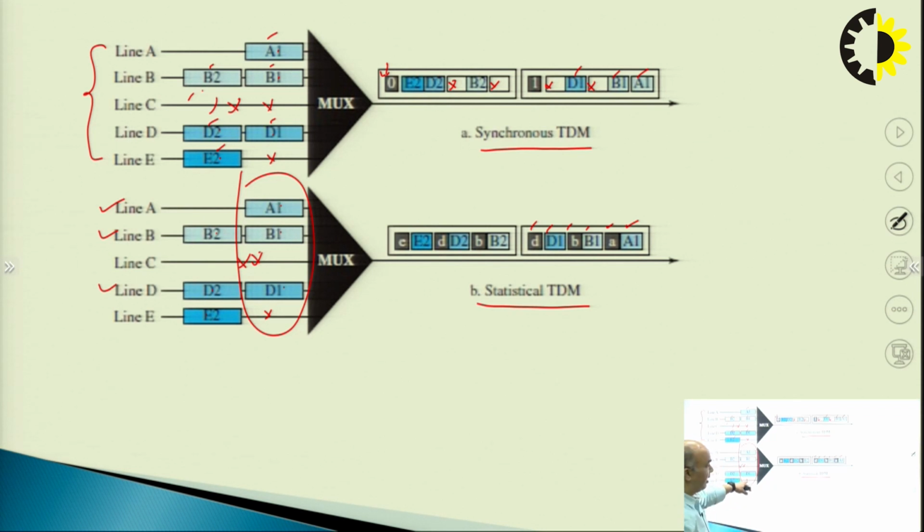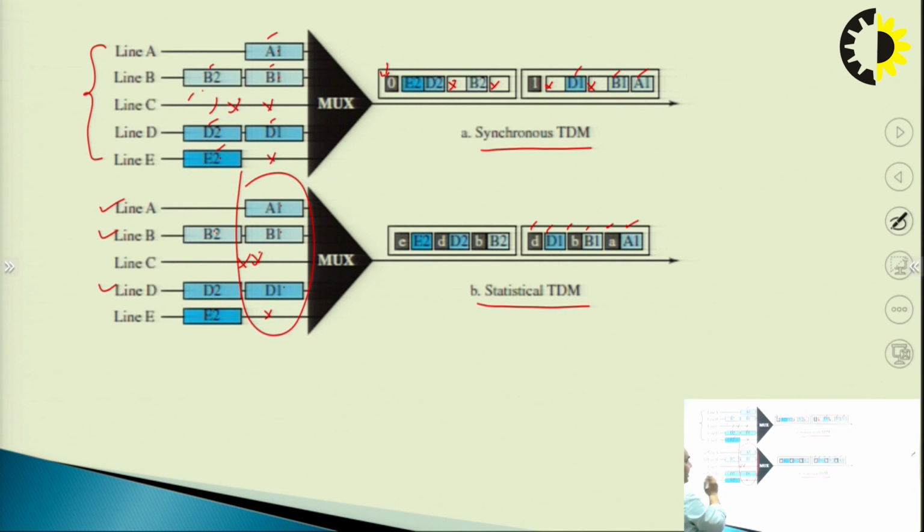So, in STDM or ATDM, asynchronous TDM, they are not allocating the time slots for C and E.